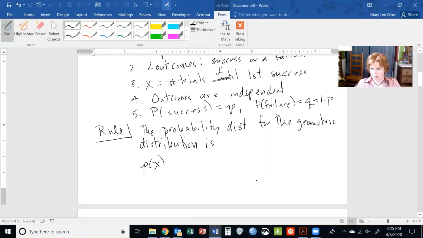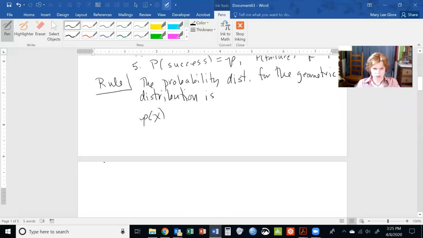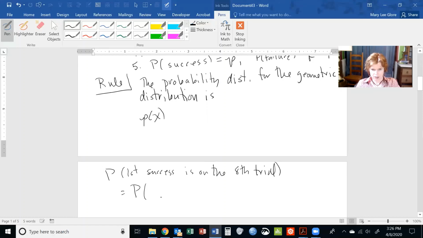Let's say I want to find the probability that the first success is on the 8th trial. In order for that to happen, I have to get 7 failures, and then a success.